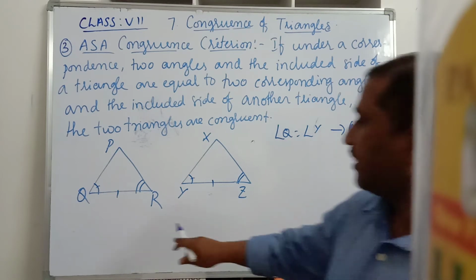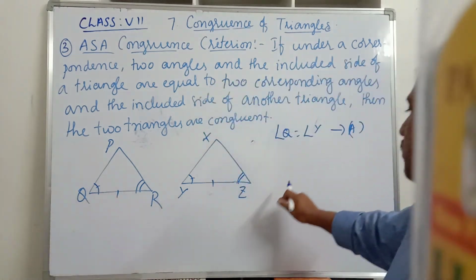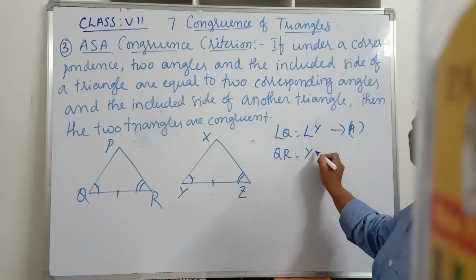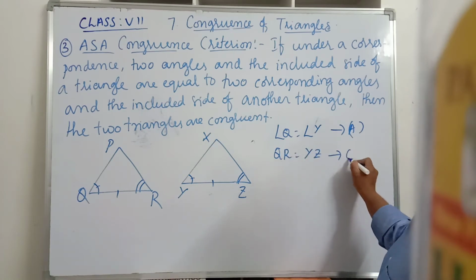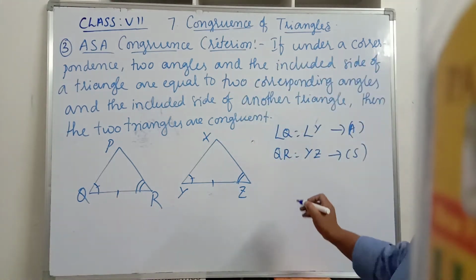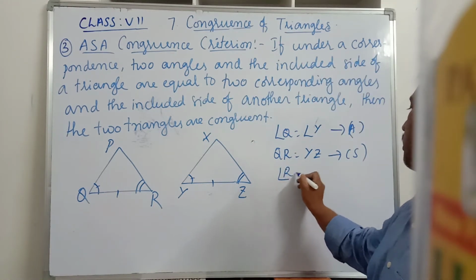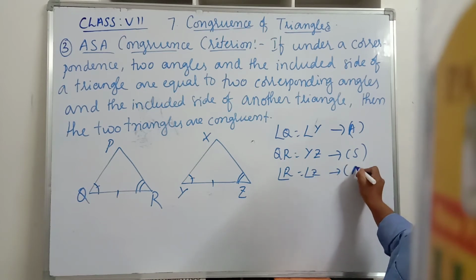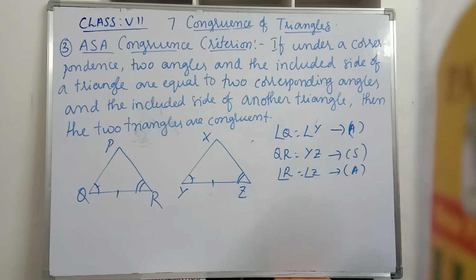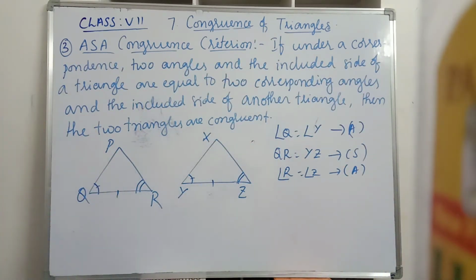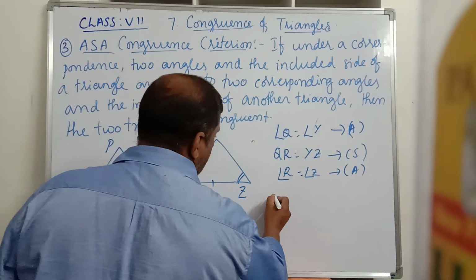And similarly, the side QR is equal to the side YZ. So, it is side. And then angle R is equal to angle Z. That is angle. So, now ASA, angle, side, angle congruency, the two triangles are congruent triangles.